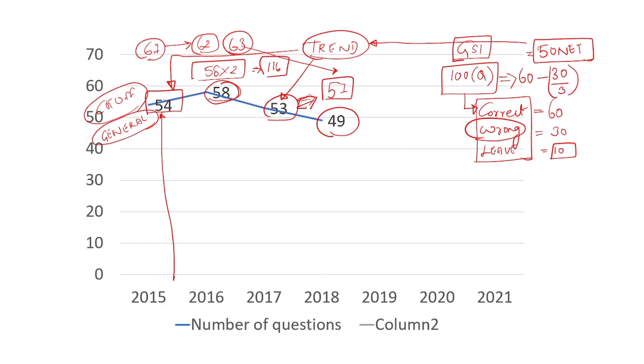The same is the case with the cutoff. The cutoff is decreasing, and the same way in 2019, my last prelims, I think I got 56 or 57. I thought 2019 was a little easier, but the cutoff was 49 only. So the 2019 preliminary paper was also a little tough.